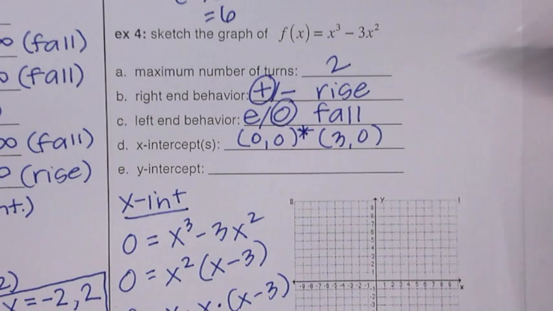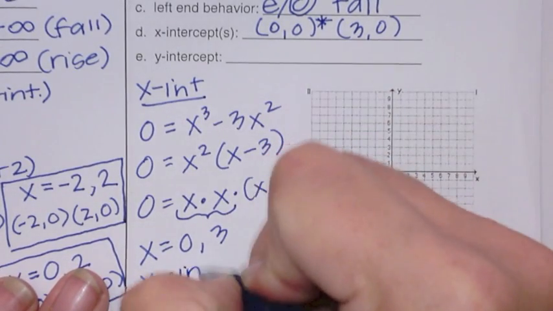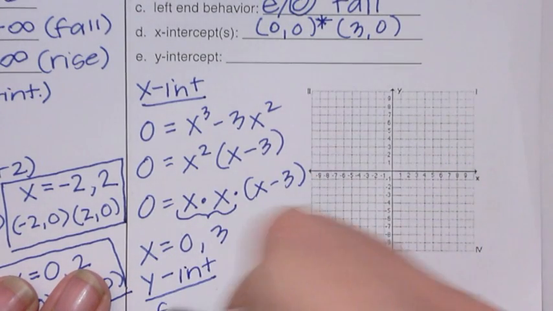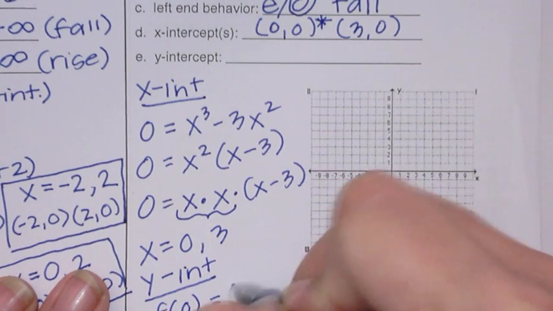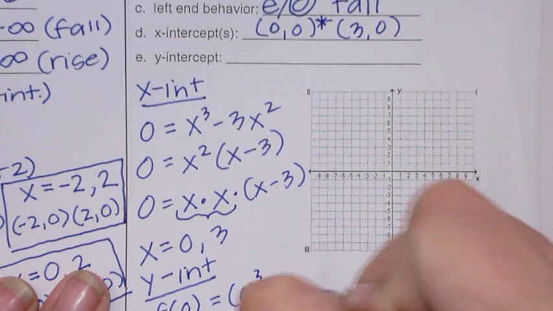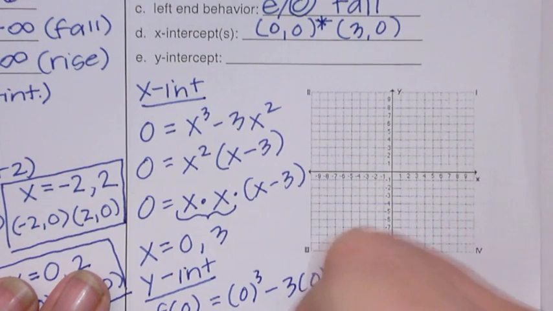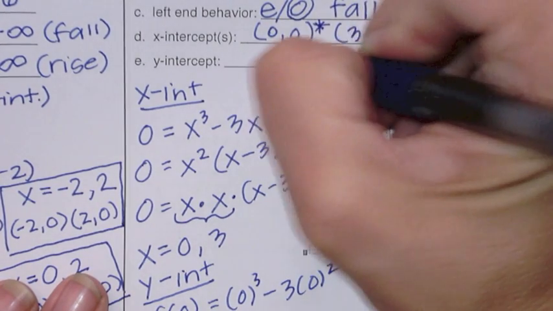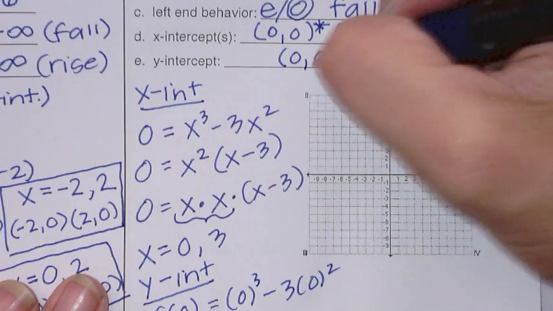The last thing I'm going to do is find my y-intercept, and to find my y-intercept, I am going to plug in f of 0, which you can do mentally, but clearly it's just going to equal 0. By the way, shortcut, if 0, 0 is an x-intercept, then it's also a y-intercept.